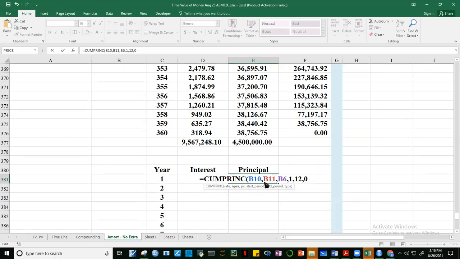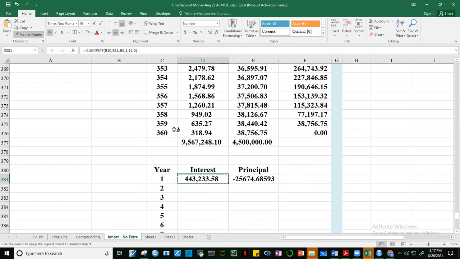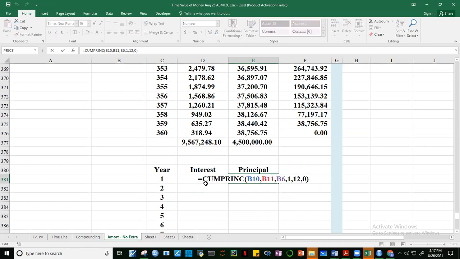So NPER is B11, PV is B6. So beginning period is 1, ending period is 12. Okay, so nagkaiba lang guys dun sa ginamit natin na function. Okay, so copy natin yung format nito. Nilagyan natin ng negative dito.